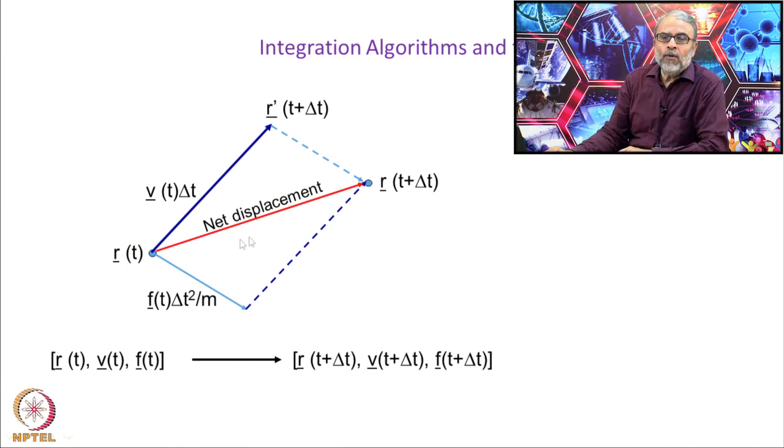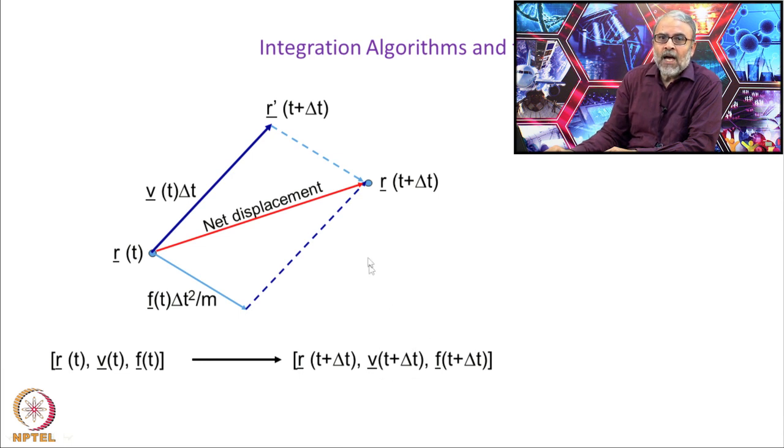So, that is how I have to do my simulations. I have the original position r at t, and the original force f of t at this particular position. When I calculate the new position, I add these two components to the movement. So, that is my new position. Now, how do I determine velocity? That is the challenge.